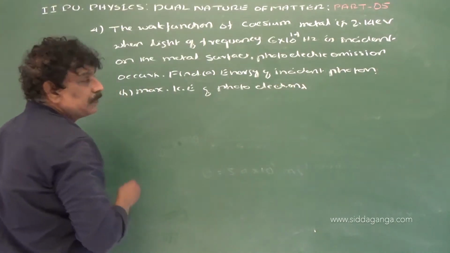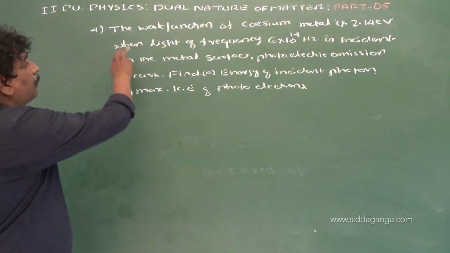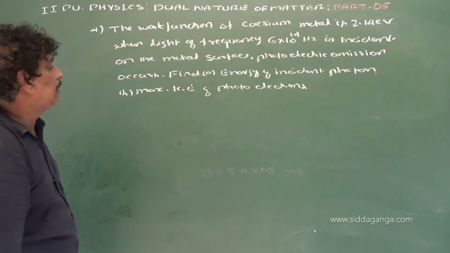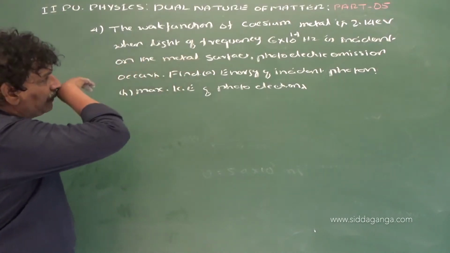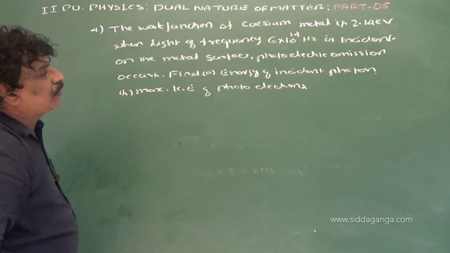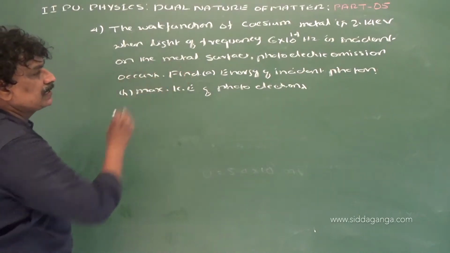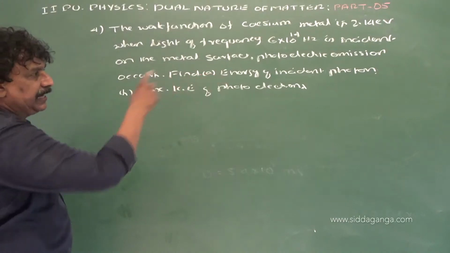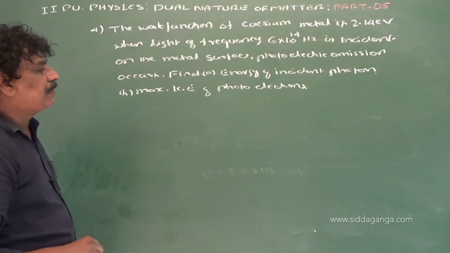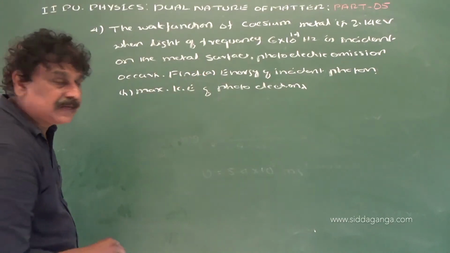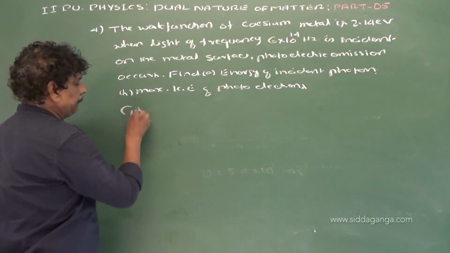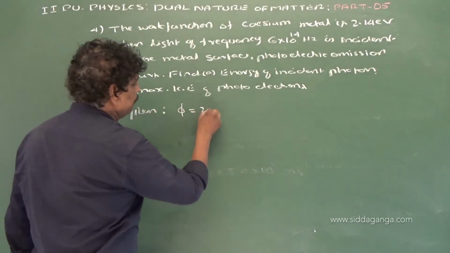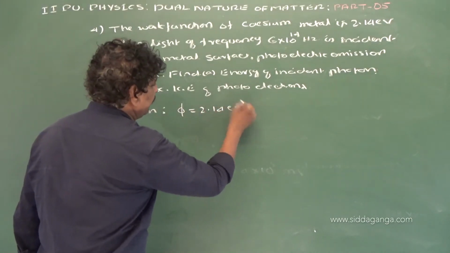Right. So the problem is: the work function of a cesium metal is 2.14 eV. When light of frequency 6 into 10 raised to the power of 14 hertz is incident on the metal surface, photoelectric emission occurs. Find energy of incident photon and maximum kinetic energy of photoelectrons. Now we have given photoelectric work function phi is equal to 2.14 eV.